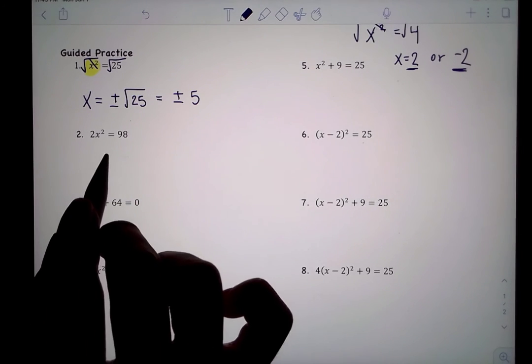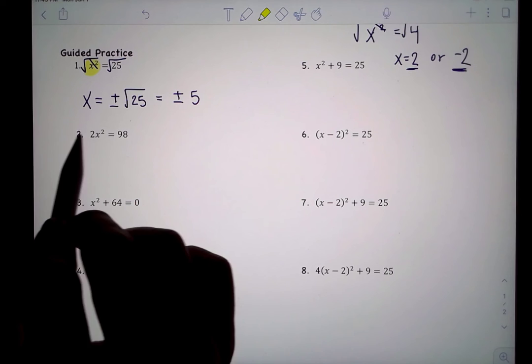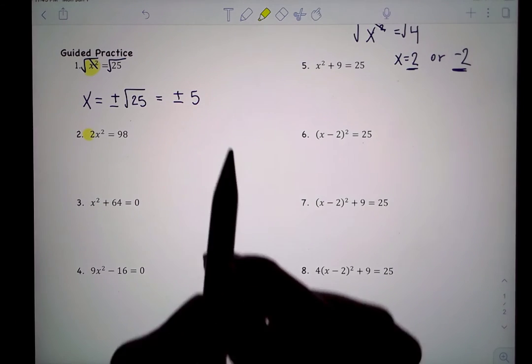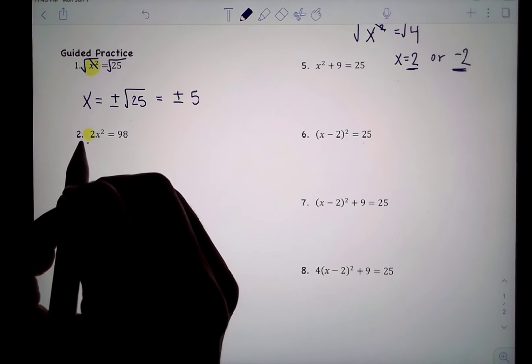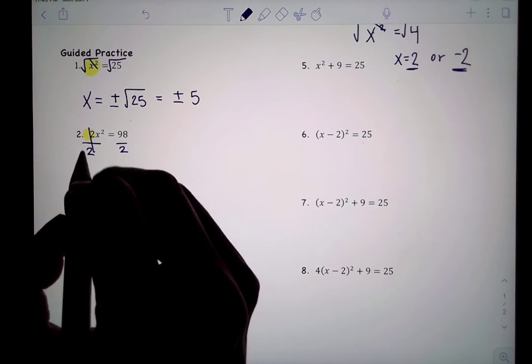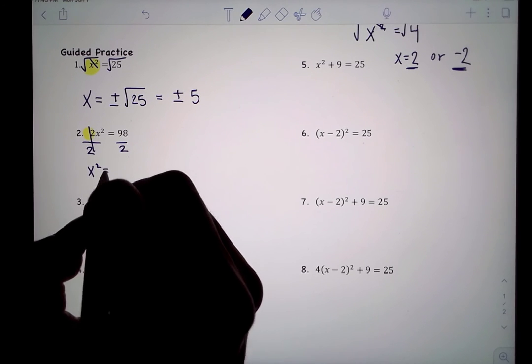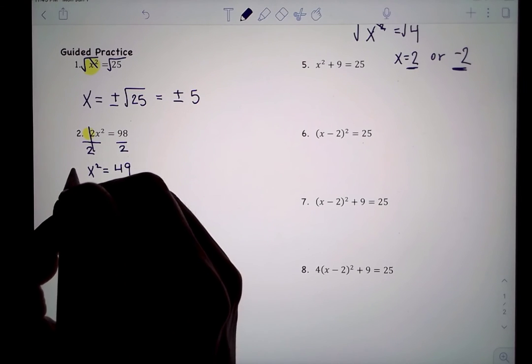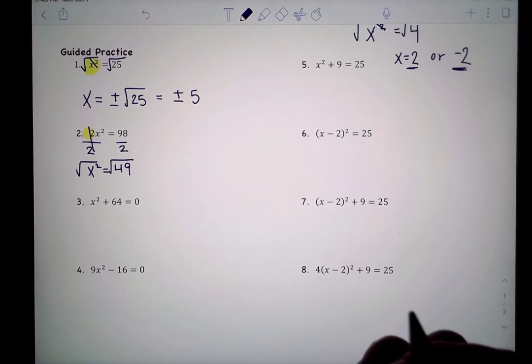And look at number 2, guys. This is isolated, but do you see this 2? We need to get rid of this 2, right? So I'm going to divide it by 2. Then you get x squared equals 49, right? And take the square root here, like that.